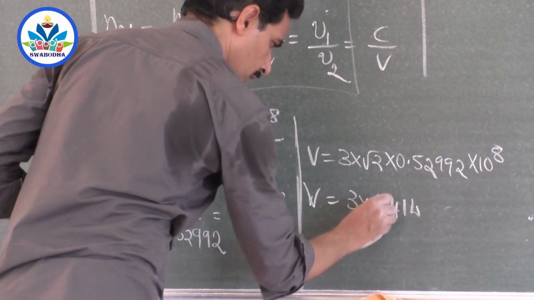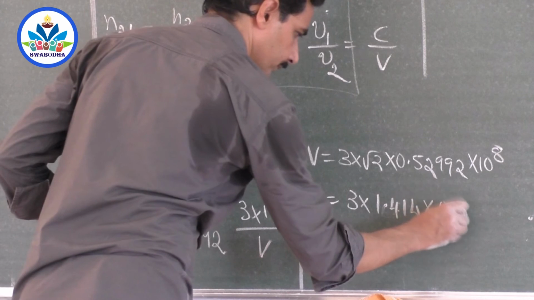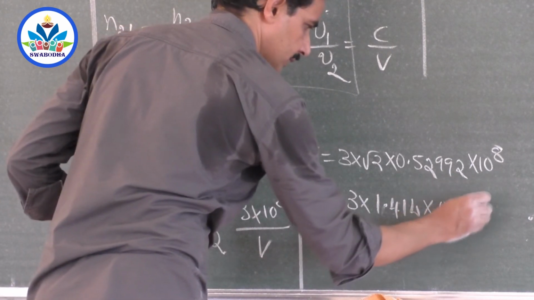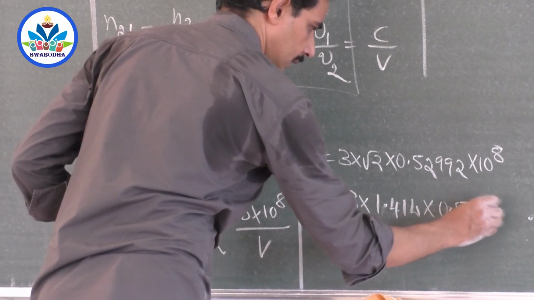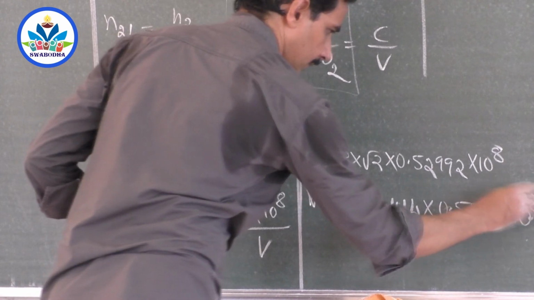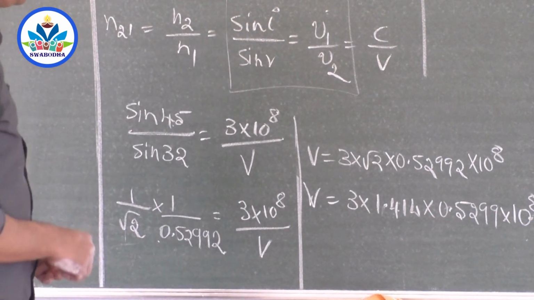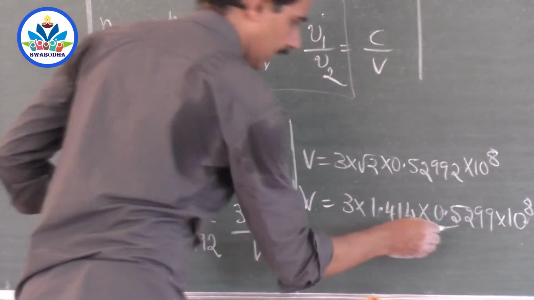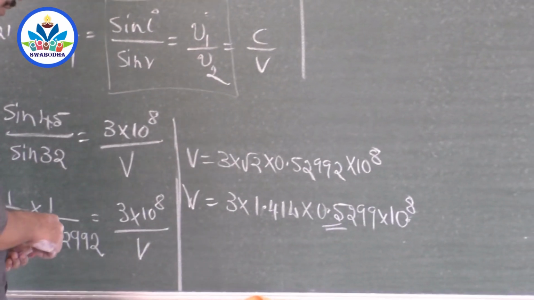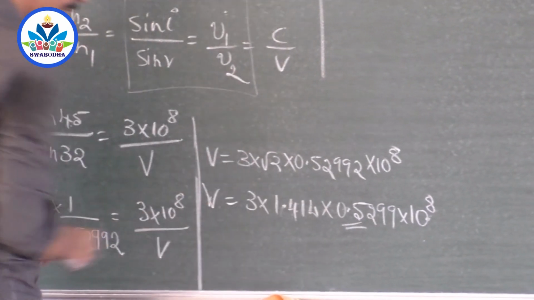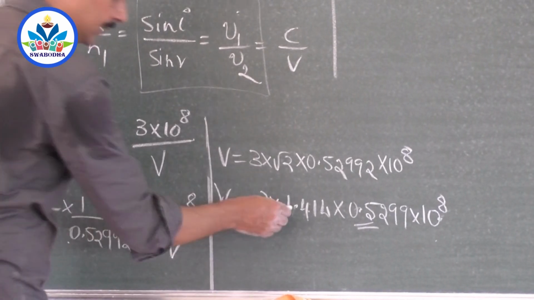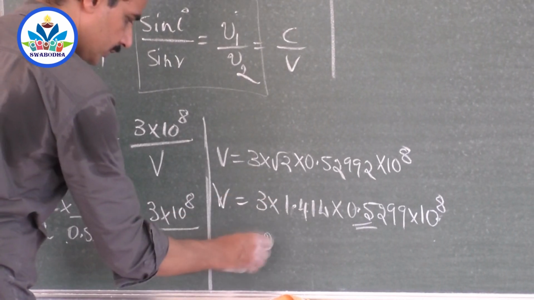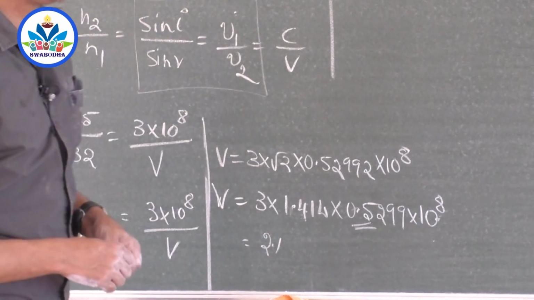Root 2 is 1.414, into 0.52992. I will take this as almost 0.5. Almost 0.5 means half. Half of 1.4 is 0.7. 0.7 into 3 is almost 2.1. What is the answer given? 2.24, yes.